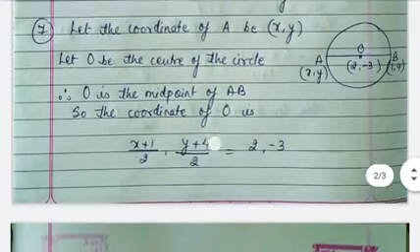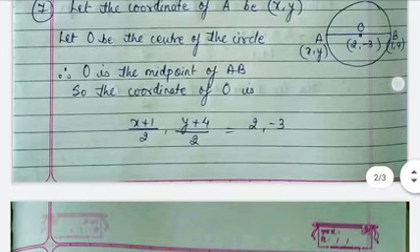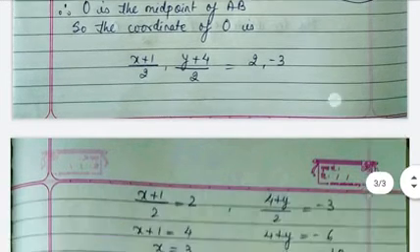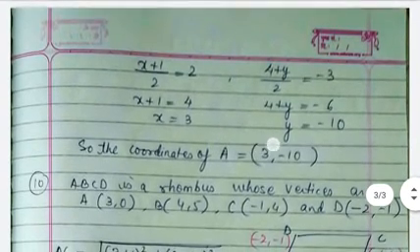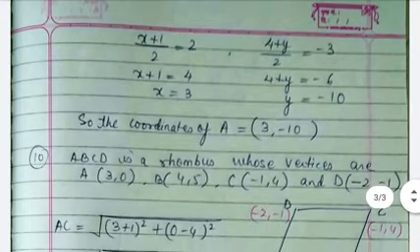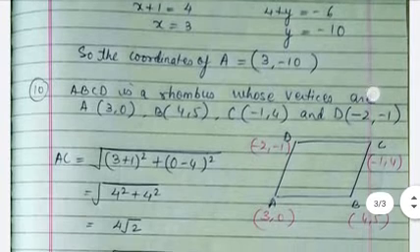So the coordinates of O will be ((x + 1)/2, (y + 4)/2) equals (2, -3). By comparing these values, we get x equals 3 and y equals -10. So the coordinates of A will be (3, -10), right?